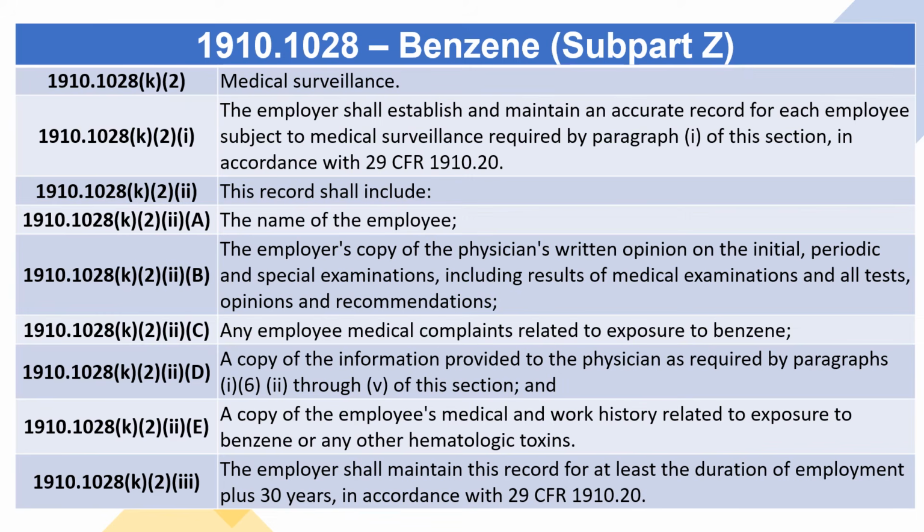1910.1028(k)(2)(ii). This record shall include (A) through (E): the name of the employee; the employer's copy of the physician's written opinion on the initial, periodic, and special examinations, including results of medical examinations and all tests, opinions, and recommendations; any employee medical complaints related to exposure to benzene; a copy of the information provided to the physician as required by paragraphs (i)(6)(ii) through (v) of this section; and a copy of the employee's medical and work history related to exposure to benzene or any other hematologic toxins. 1910.1028(k)(2)(iii).